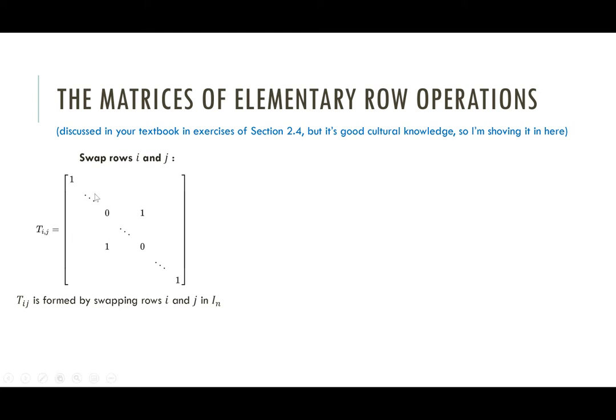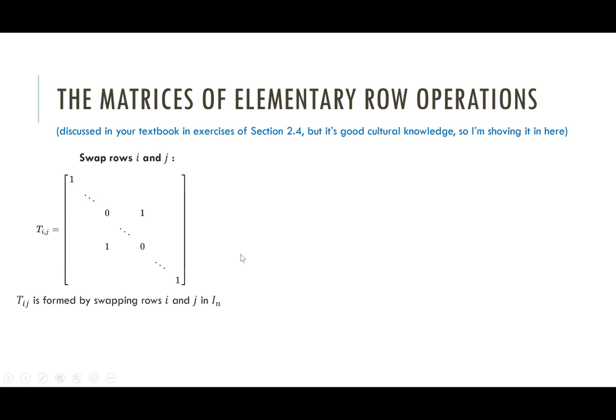So if this was I, then this row, row I, gets swapped down to row J. The one that was in II is now in JI, and the 0 that was in JJ is now in IJ.